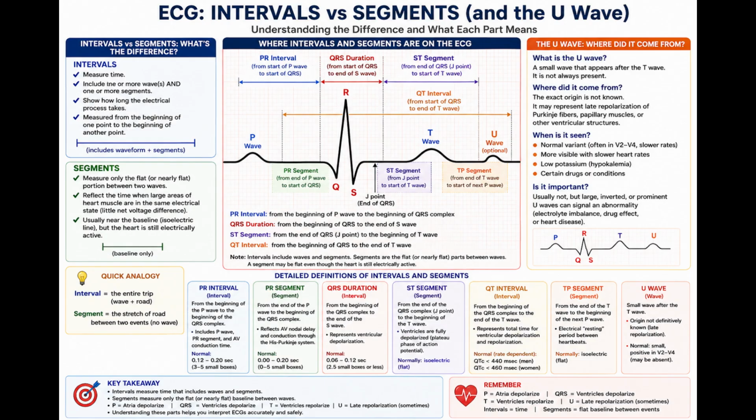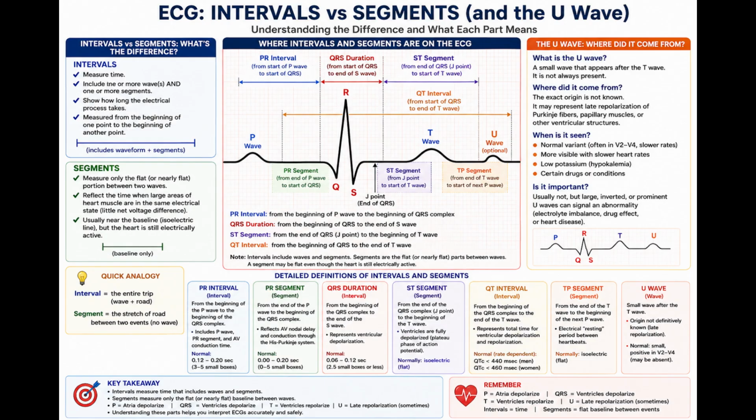It changes with heart rate. It normally becomes shorter when the heart rate increases and longer when the heart rate decreases. For this reason, clinicians usually evaluate the corrected QT interval, called the QTc. A prolonged QTc is important because it can increase the risk of dangerous ventricular dysrhythmias.